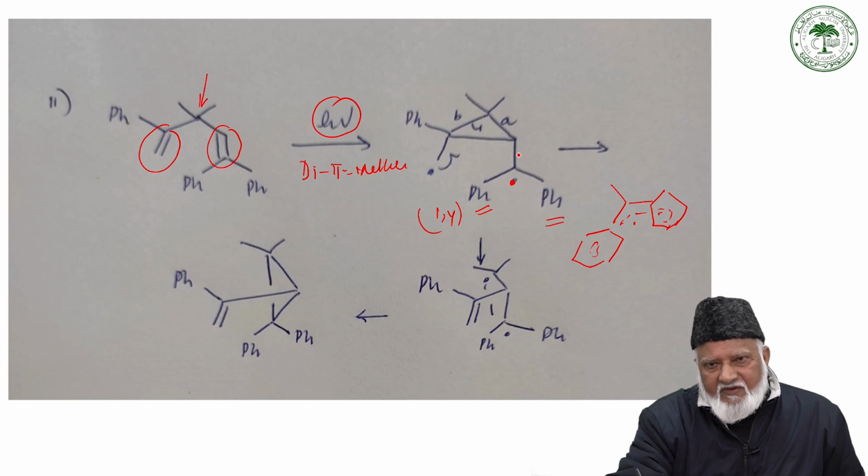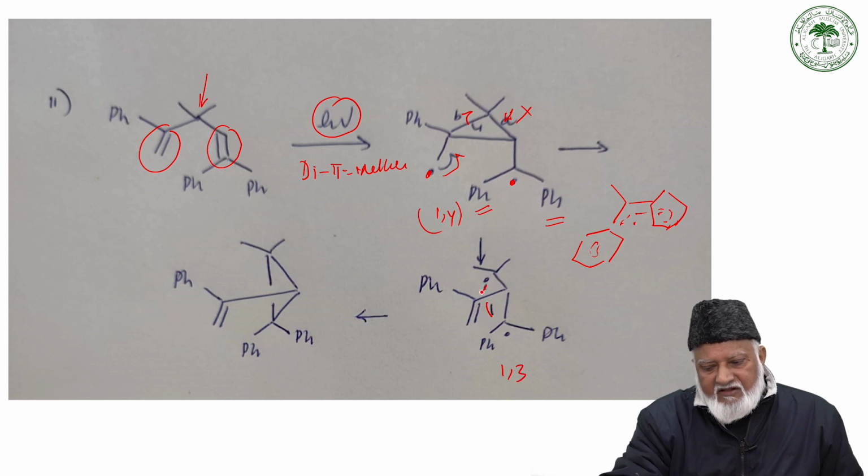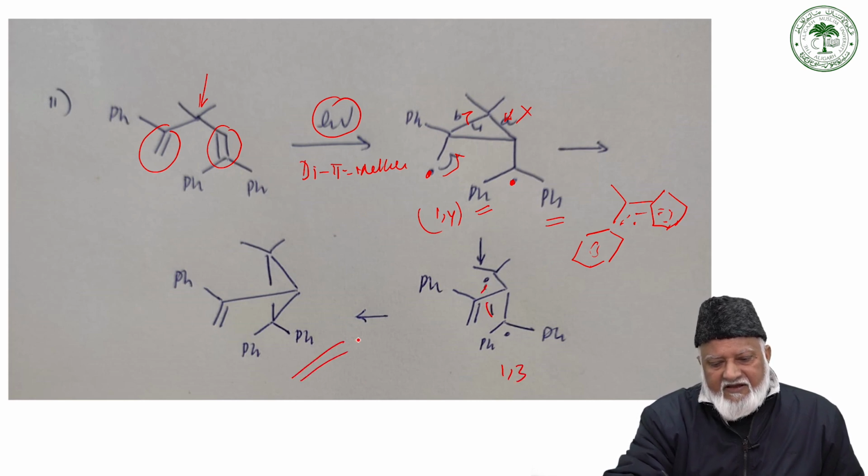It doesn't form a double bond here, and it doesn't lead to cyclopropane cleavage of this bond. But this radical, which is stationary, with no stabilizing substituent here, forms a double bond followed by opening of this cyclopropane ring to give this 1,3 diradical, which once again combines to give this as the major product.